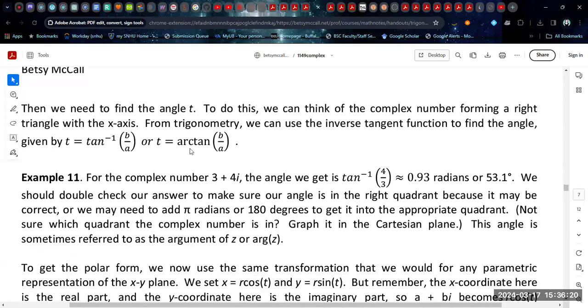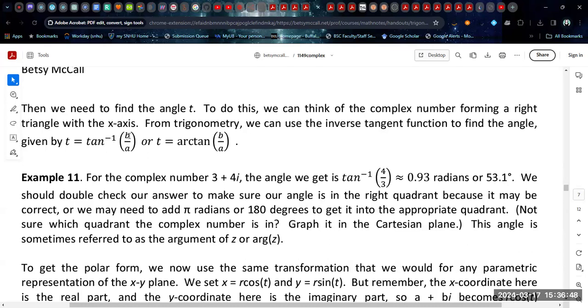Now, if I want to use polar form, I need to find the angle that it is pointing at. And so again, I use this formula from dealing with theta in polar coordinates. It's the y component over the x component. Our imaginary part is the y component in the complex plane, and the x component is the real part.